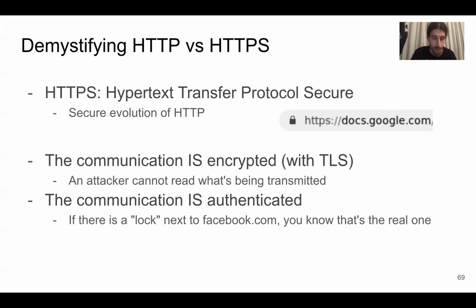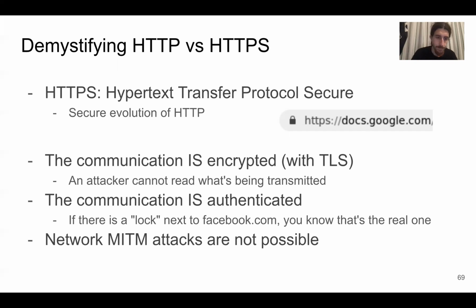This green lock really gives you trust that if you're reading facebook.com on your browser bar, you're talking to facebook.com. Okay, and man-in-the-middle attacks are not possible here. They can basically do denial of service, they can destroy your connection and so forth, but they cannot really read what's going on, and they cannot really fake being the real facebook.com. Okay, so if you see the lock, you know you're talking to facebook.com, and that's beautiful.